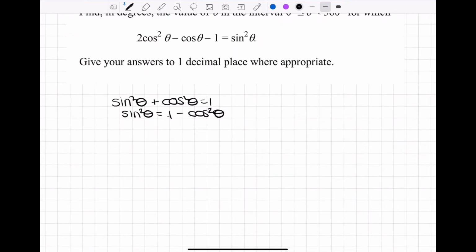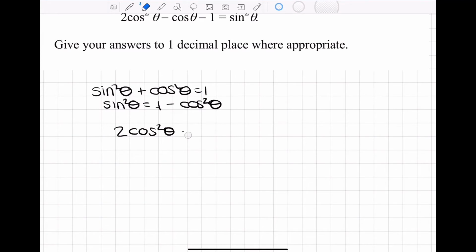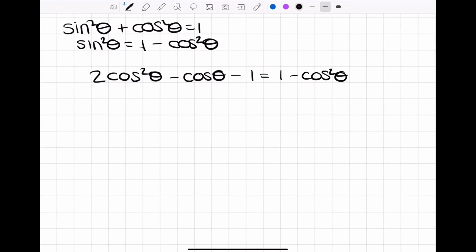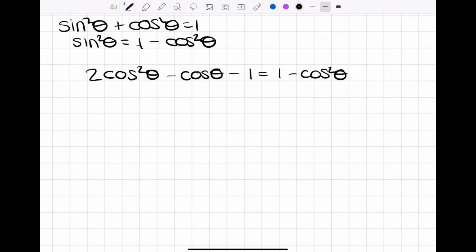So if I sub this into our equation, we have 2 cos squared theta minus cos theta minus 1 equals 1 minus cos squared theta. Now if I rearrange all of this, I'll put it on one side, so we get a lovely quadratic all in terms of cos.